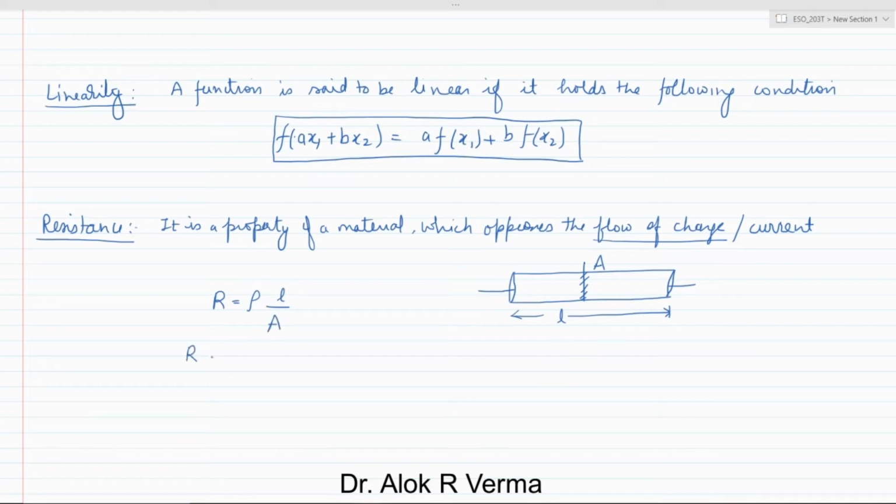Resistance is represented by R. R is proportional to the length of the conductor and inversely proportional to the area of cross section, and rho here is the resistivity of the material, which is a material property.